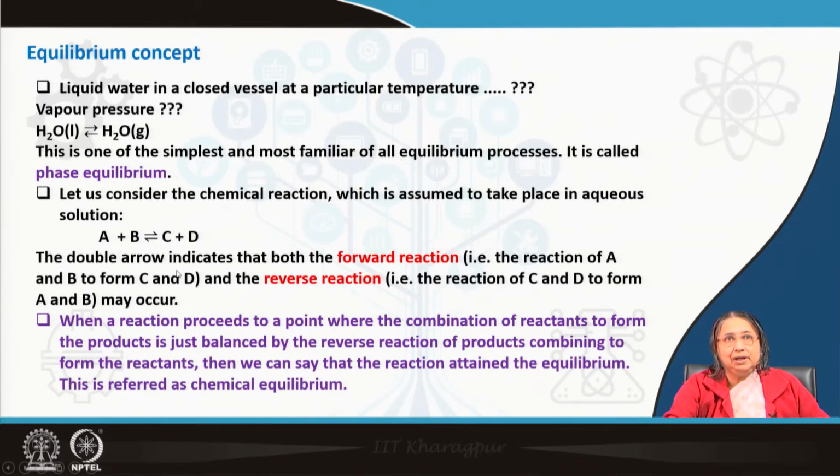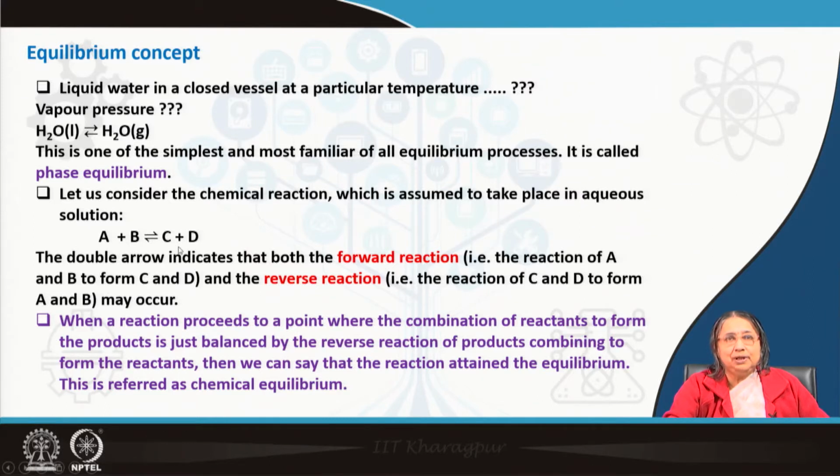That means the double arrow indicates that both the forward reaction, that is the reaction of A and B to form C and D, and the reverse reaction, that is the reaction of C and D to form A and B, may occur. That means a forward reaction and at the same time a backward reaction are occurring in this particular reaction.